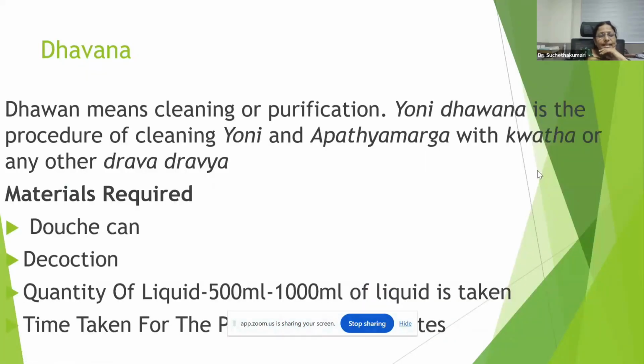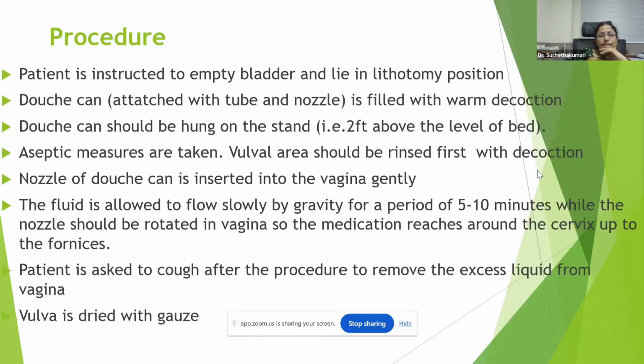The materials required are the douche can and the decoction. The quantity of the decoction that can be taken is about 500 ml to 1000 ml. The procedure is, first of all, the patient is kept in the lithotomy position and aseptic measures are taken.